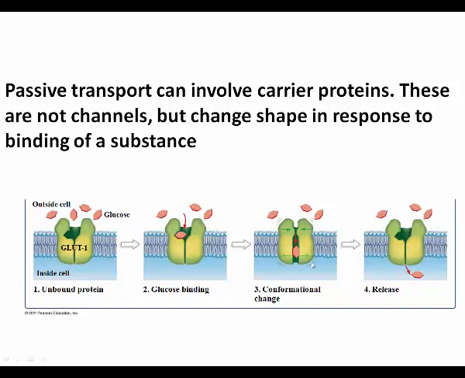Once the concentration of glucose is equal on both sides of the membrane, you could imagine like 5 of those glucose transport proteins open in one direction, 5 of them open in the other. So it's still a process of diffusion.